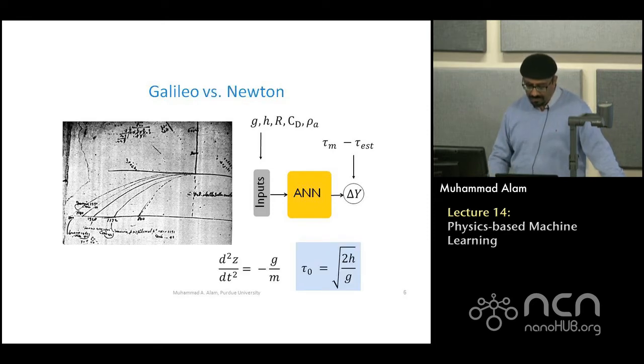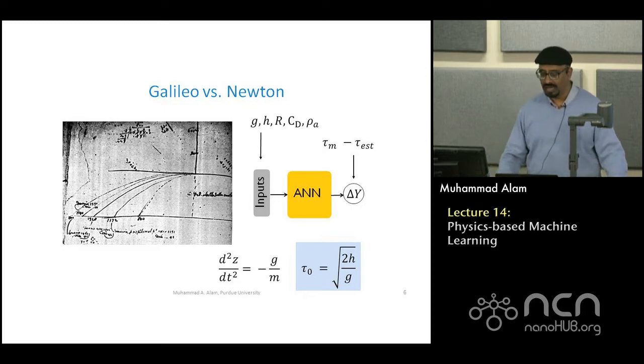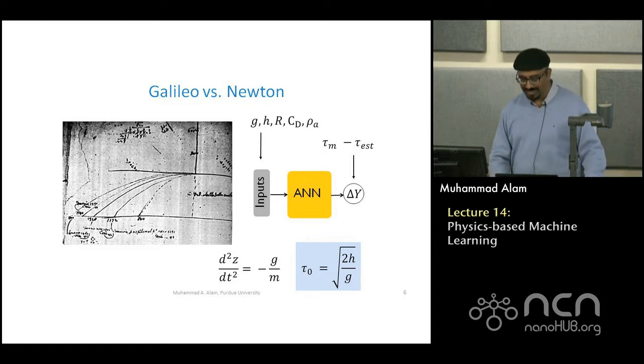Now, if Newton were available at that time, or born a few hundred years ago, then of course he would have said to Galileo, you can imagine the conversation, that no, the reason for these projectiles is that there is something called gravitation.